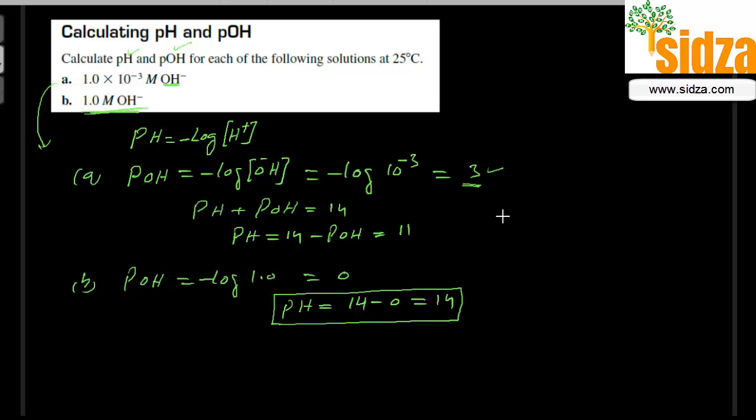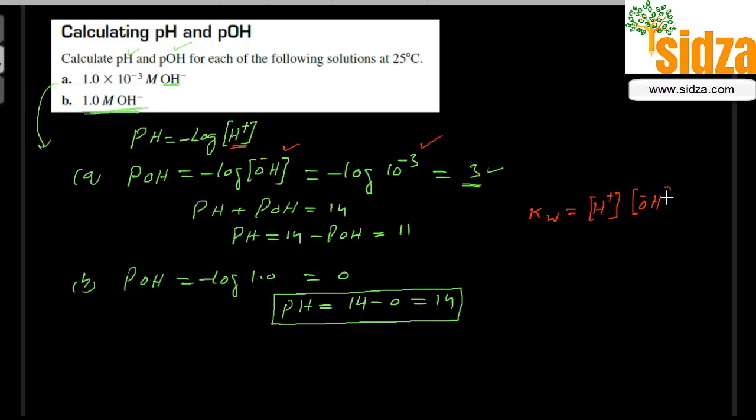Alternatively, you can also solve these questions by calculating the hydrogen ion concentration first. Suppose we know the hydroxide ion concentration, that is 10 to the power minus 3. We know that the dissociation constant of water is the H plus ion concentration times the hydroxide ion concentration.